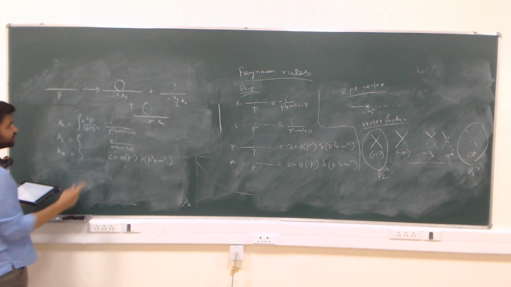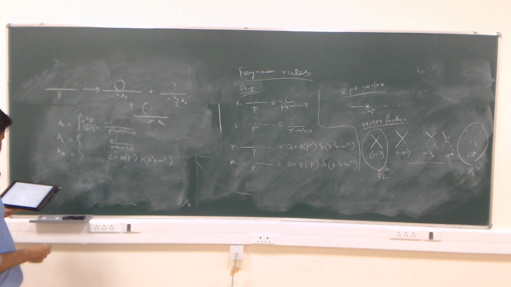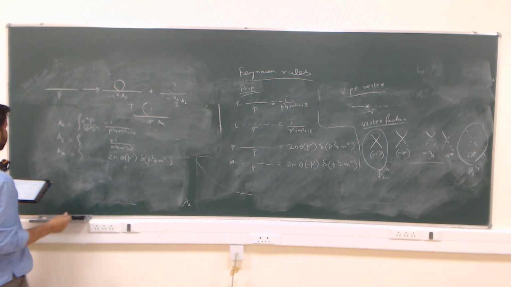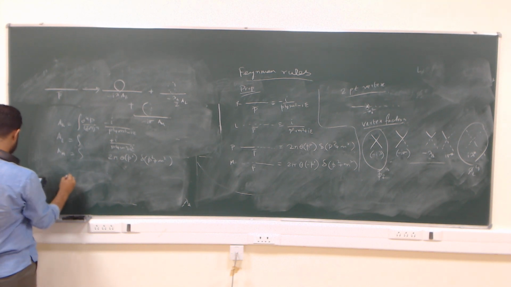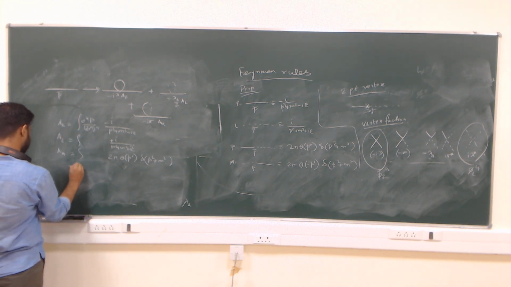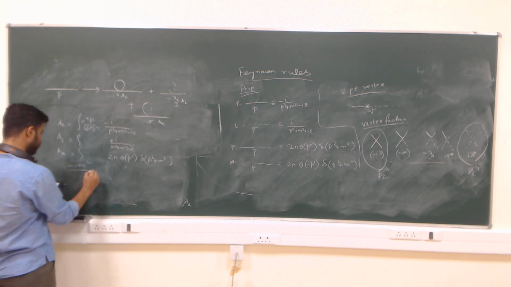Sum of all contributions, apart from also there is, let's say, this cannot be the whole theory, of course. There is a corresponding vertex. Minus i n square will be formed.